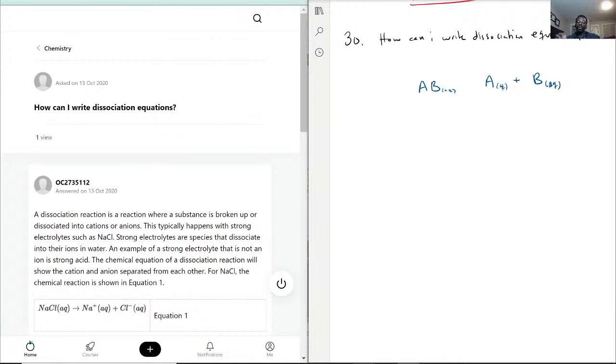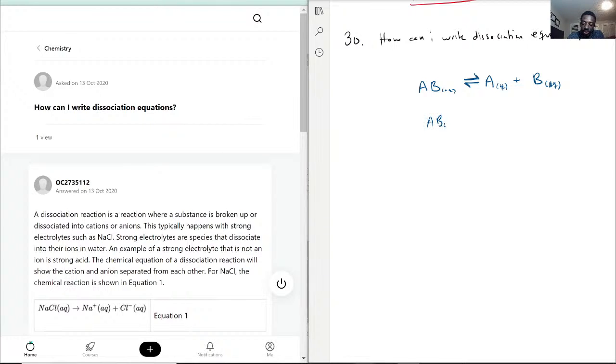The way you properly write this, make sure you don't forget aqueous, but the arrow you put is not just one way, but you make sure you put its multi-directionality, unless you know for a fact that it dissociates 100%, like for example sodium. This is a correct way to show a dissociation equation.